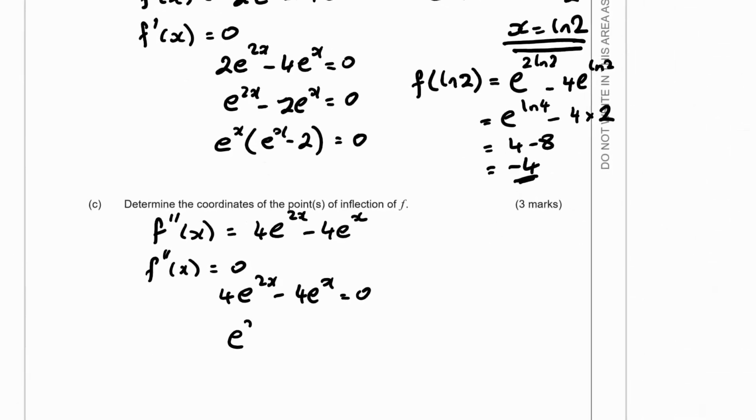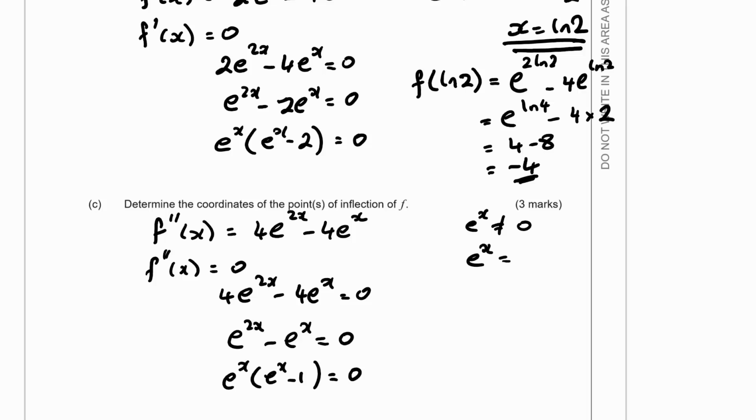And so e to the 2x, take away e to the x equals 0. So e to the x times e to the x take 1 is equal to 0. And of course we know once again that e to the x cannot be 0. And so we have e to the x equals 1, which means that x is 0.